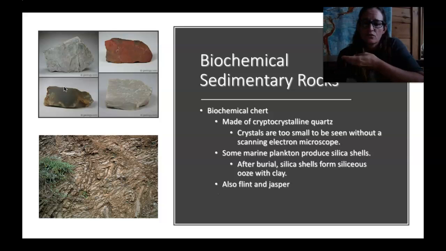These organisms have silica as their hard parts, their shells. They are like little microscopic plankton that just float around the sea. And when those die, that silica shell is deposited on the sea floor in layers and forms these cherts.